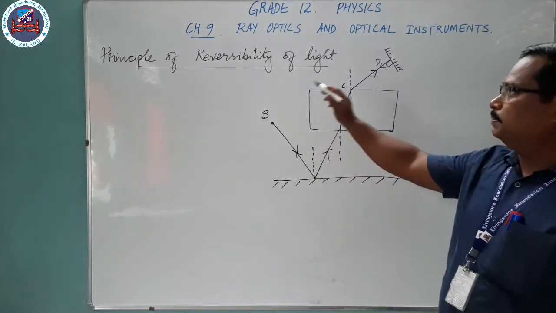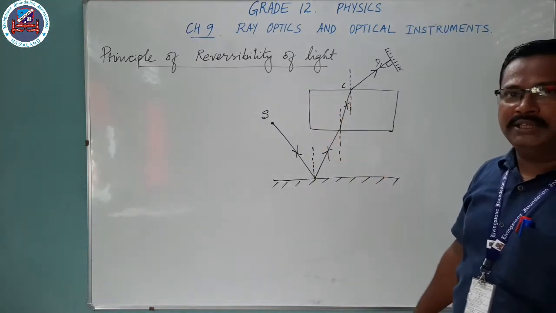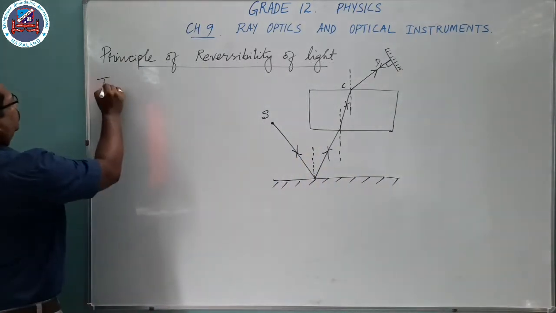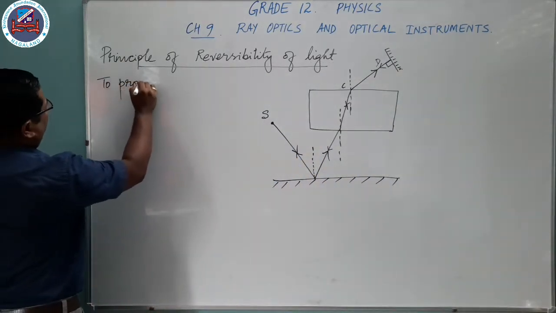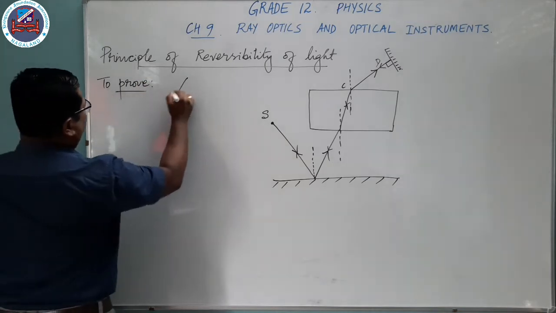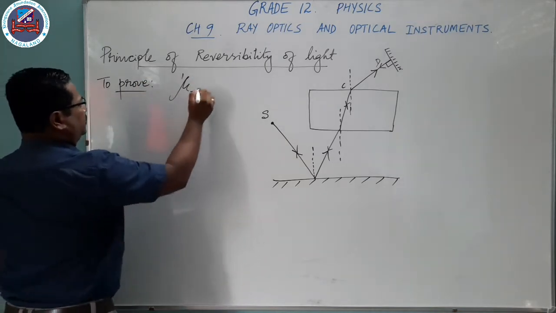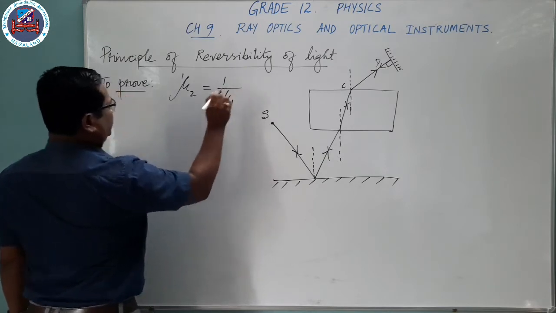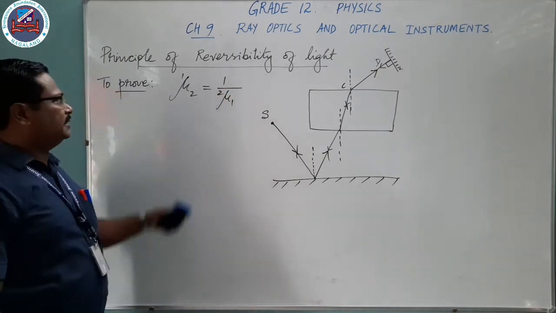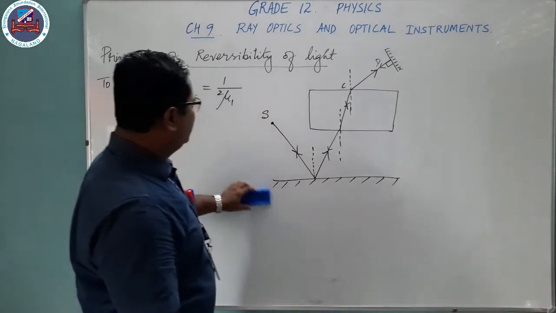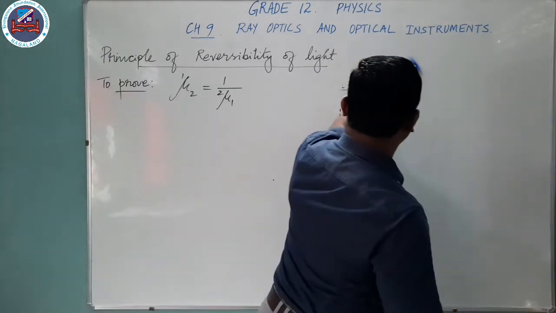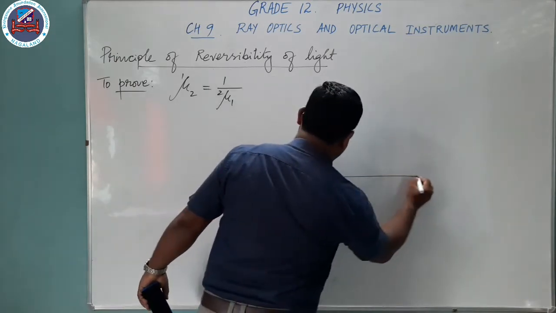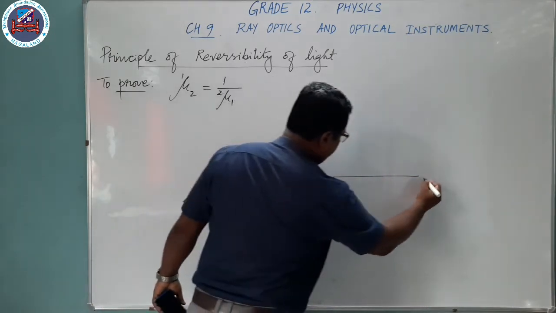Now, using this principle of reversibility of light, you can prove one relation: the refractive index of the second medium with respect to the first is equal to the reciprocal of the refractive index of the first medium with respect to the second. Let us prove and see. For this, we will take two media. Suppose this is the interface XY separating the two media.